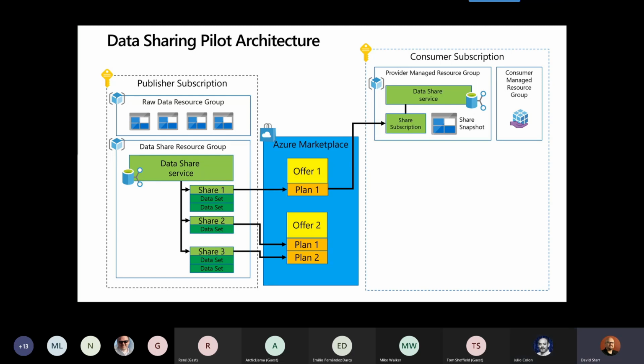All right, so in this state where we deployed our data share service and our subscription and our data share, our data storage account for our snapshot, remember that webhook that we saw in Partner Center.